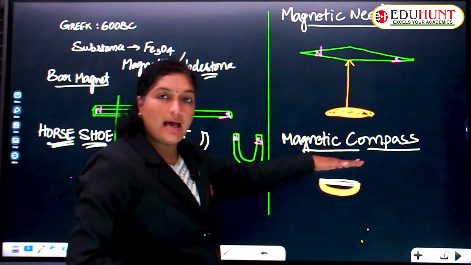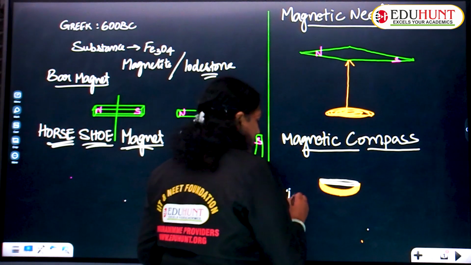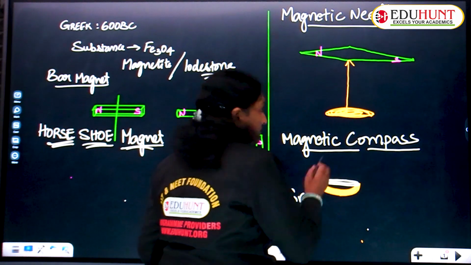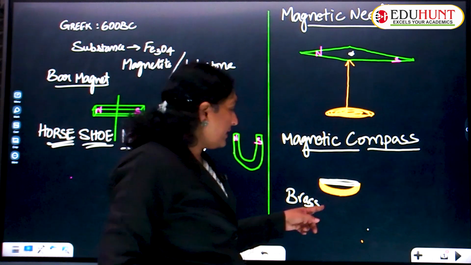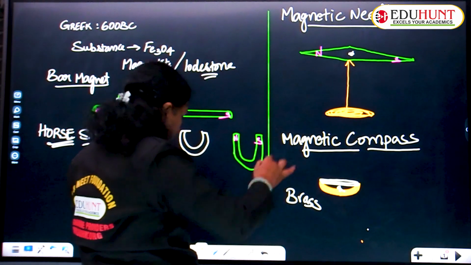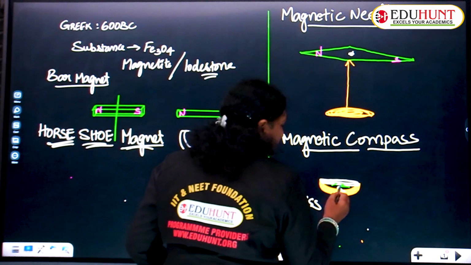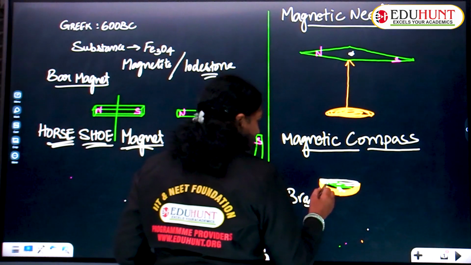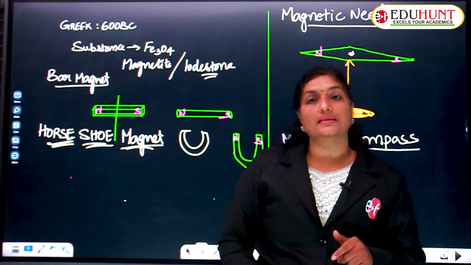The upper is a glass plate and the bottom is made of brass, and inside it, as I told you, is a compass needle pivoted at its center. Again, a small needle-like structure is kept on this, which has a north-south direction. This itself is called a compass needle.